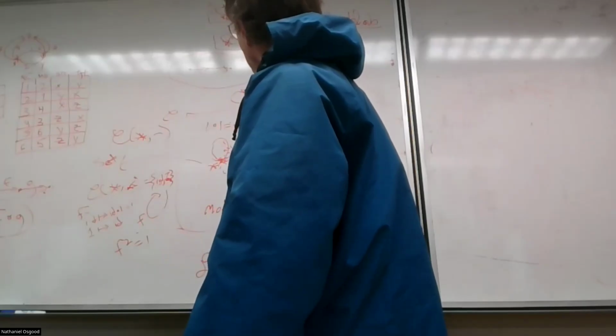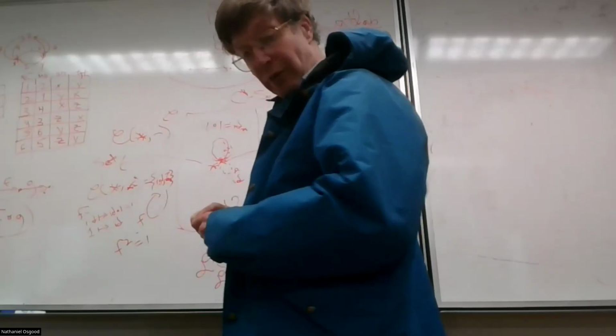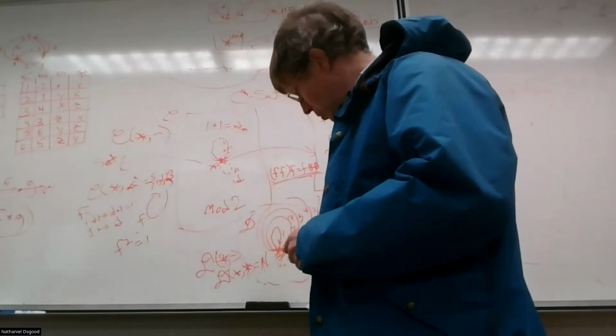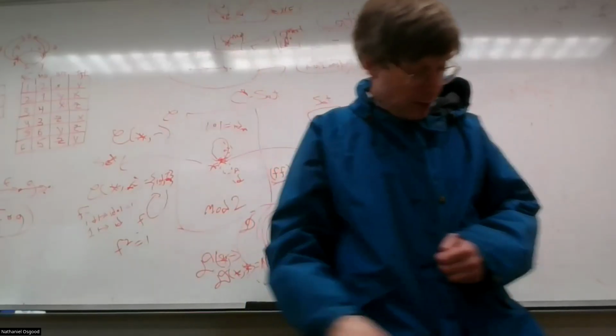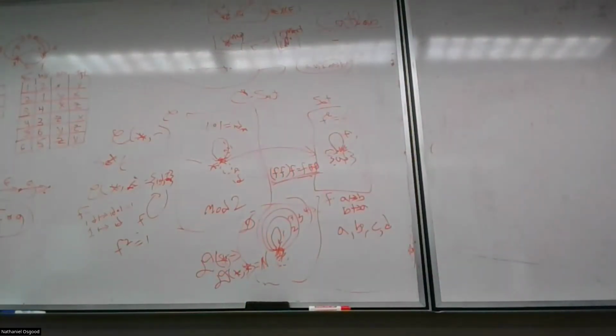So the category of elements describes the evolution of this system. And that's what we saw associated with, for example, page 68.